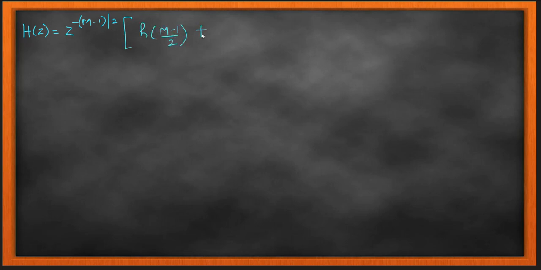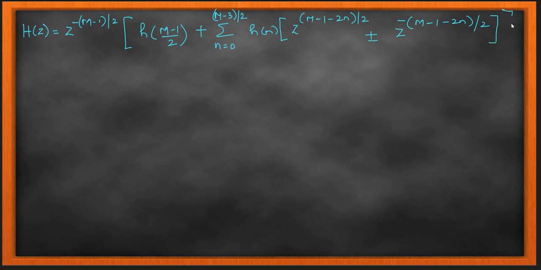So I'm going to show you once again. Here my (m minus 1) by 2 will not have any z term, because that's going to be z to the power of 0, and the rest of the terms are going to be there: z to the power of (m minus 1 minus 2n) by 2 plus or minus z to the power of minus (m minus 1 minus 2n) by 2.